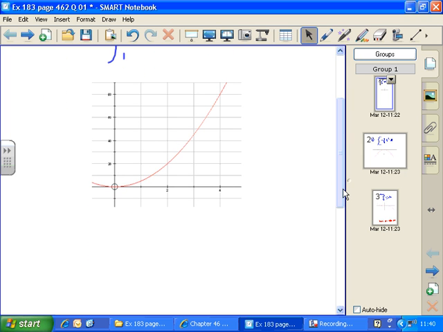The function is plotted below, y equals 5x squared on Autograph, and what we're finding is the area underneath the curve between the points 1 and 4. So if I were to sketch that out, I'll be finding this area here underneath the curve.